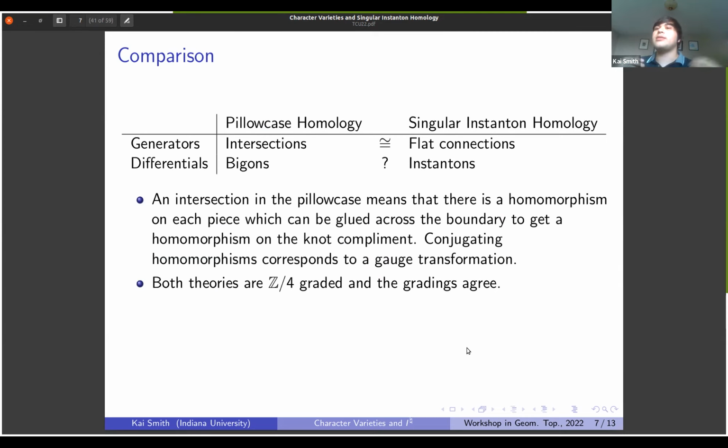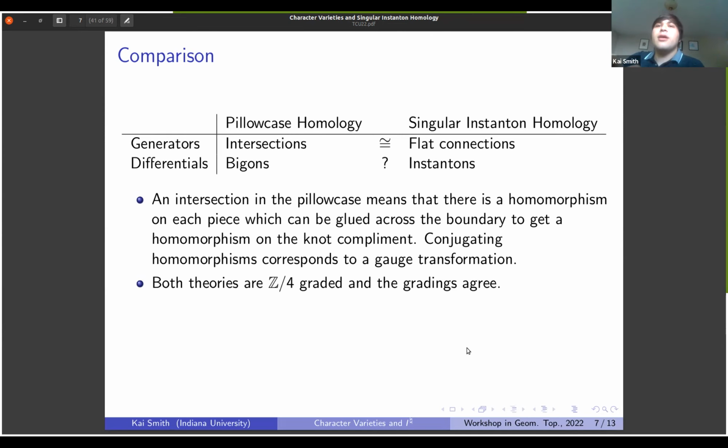However, for Instanton homology, we took flat connections and modded out by gauge. In pillowcase homology, we took homomorphisms and modded out by conjugation. You just have to check that these two quotients act the same way, and they do. Furthermore, these generators in both theories are Z mod 4 graded, and the gradings on all the generators agree.